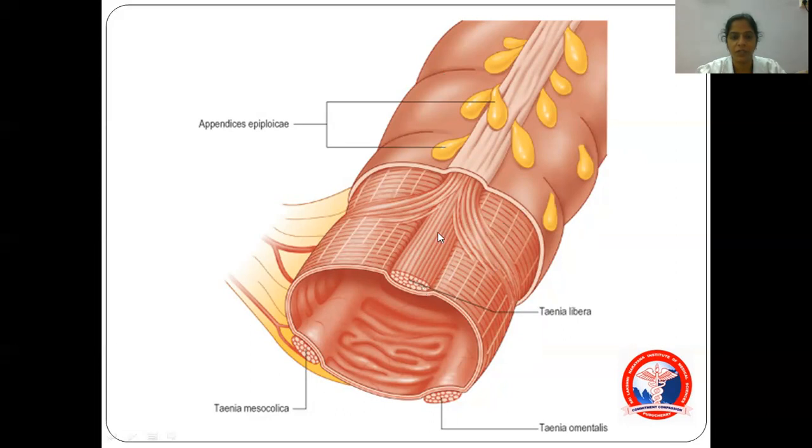The tinea coli is nothing but the thickening of the longitudinal muscle fibers. You can see a thickening anteriorly, medially, and posteriorly. They are the tinea.